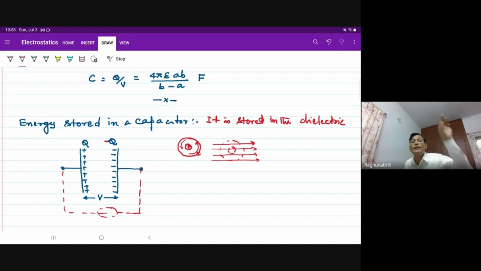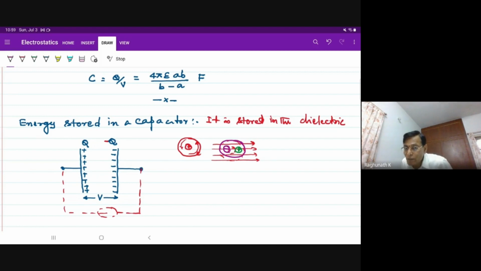Once it is kept in the field, naturally the positive charge moves to the right, and the negative charge cloud will deform, taking the center to the left. Now it is in a deformed position. Once you remove the field, it regains its original shape.